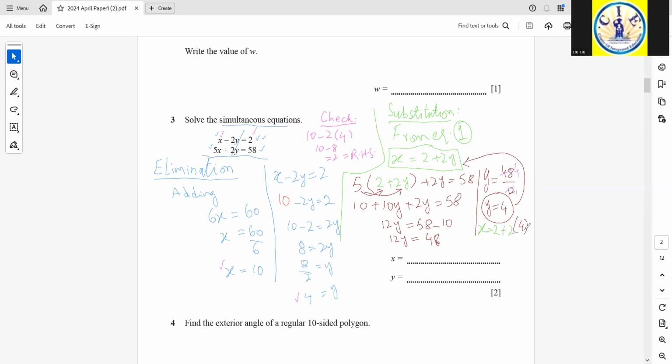So again x is equal to 2 plus 8, that is 10. So that's why the value of x is 10 and the value of y is 4. So you have seen, no matter which method we adopt, we get the same answer if the solutions are correct. So this was question number 3.